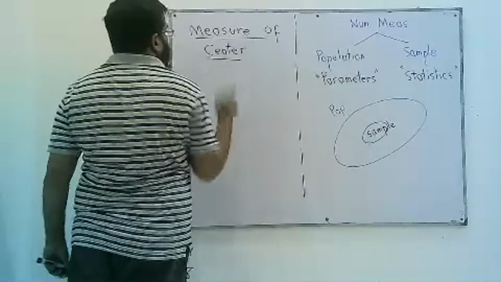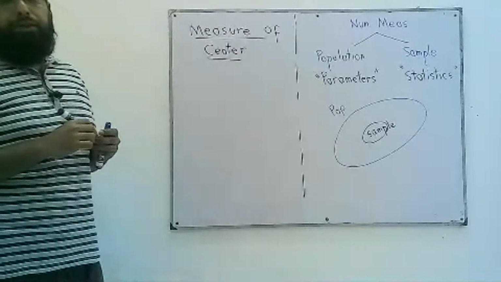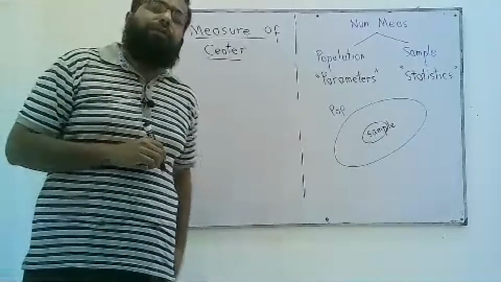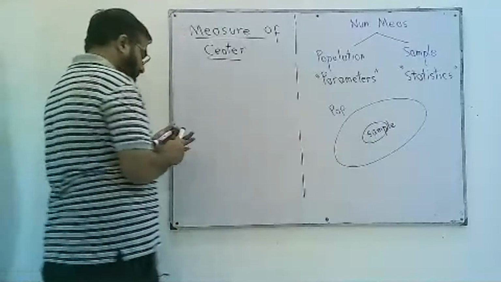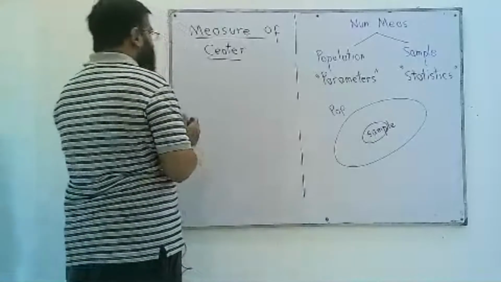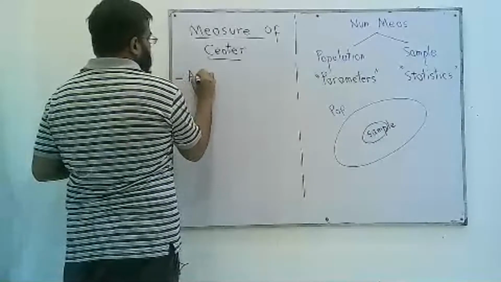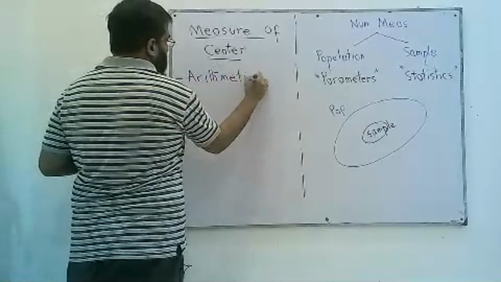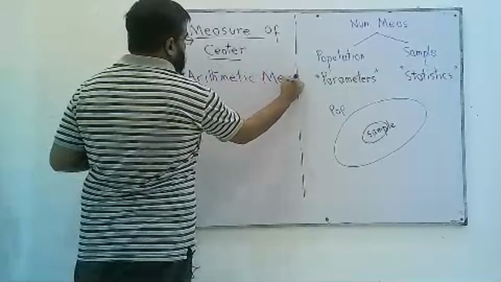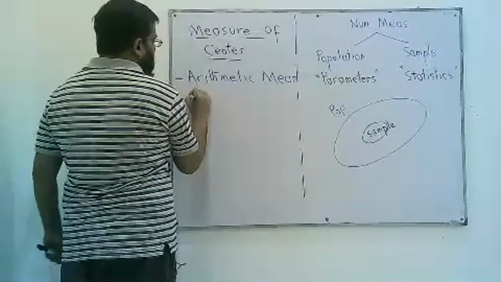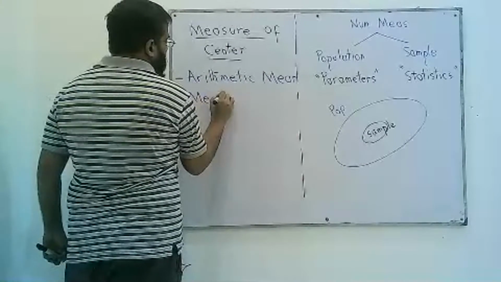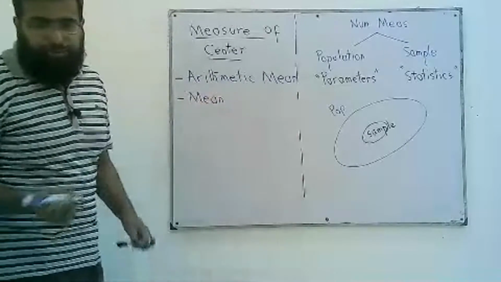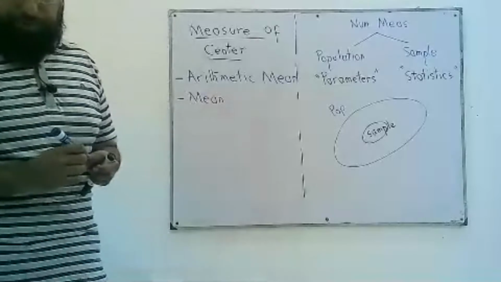The first thing that we will study under measure of center is the arithmetic mean. Arithmetic mean is also called arithmetic average or just mean.